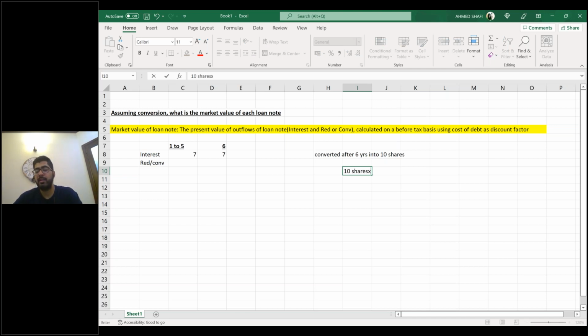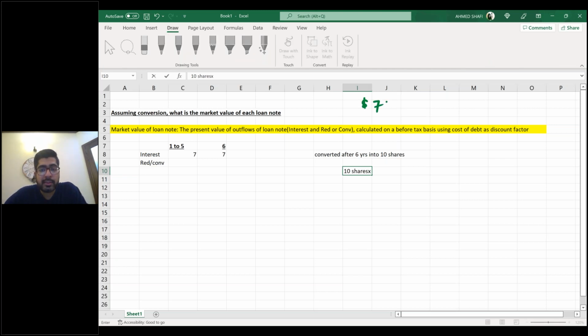No. 7.1 is today's current share price, and it's growing at 8% per year.